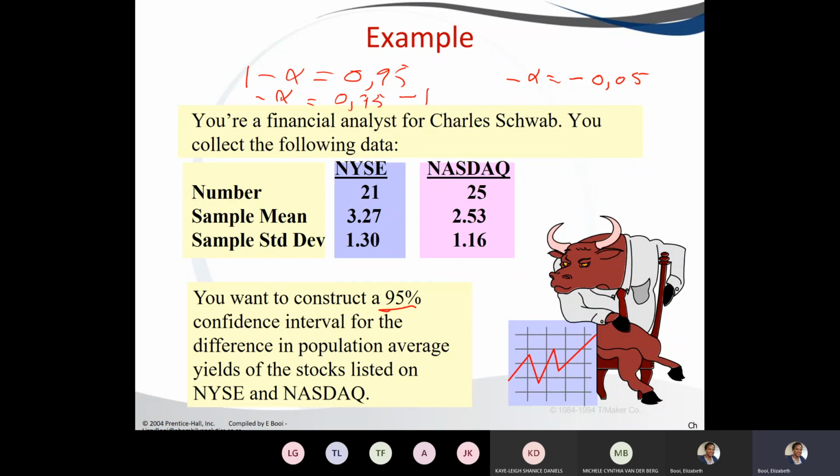We multiply both sides by a negative, therefore alpha will be equal to 0.05, and that will be your level of significance. So it's easy. When they give you the confidence interval, you can calculate your alpha by using the formula 1 minus alpha.